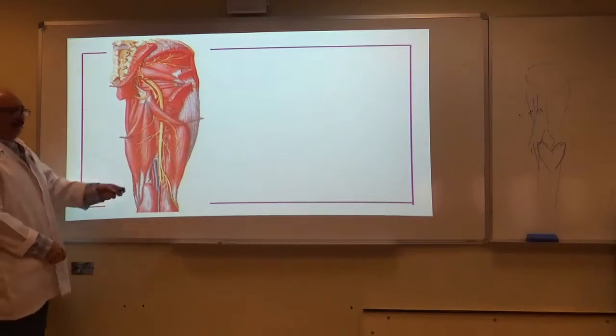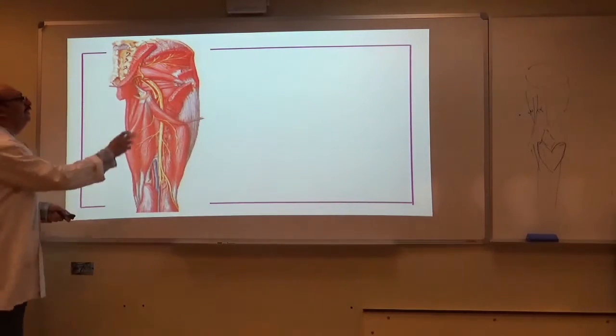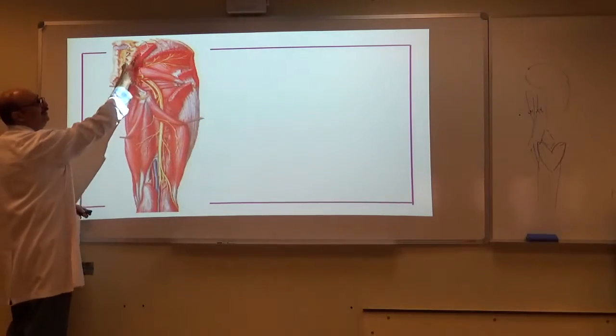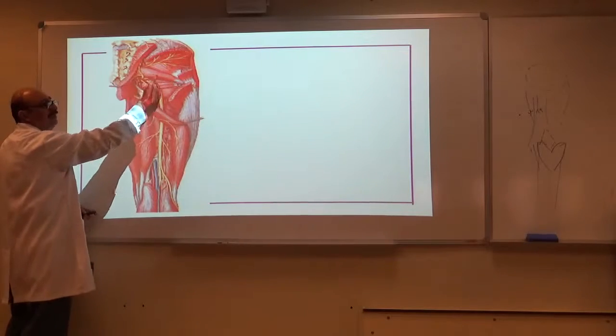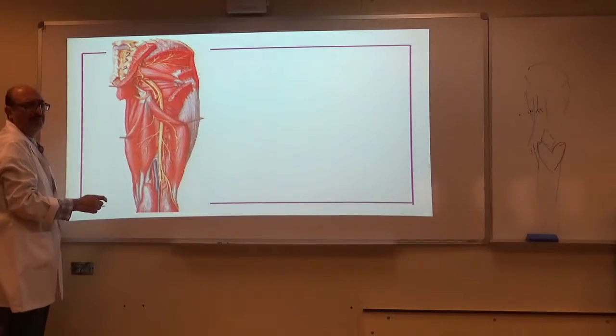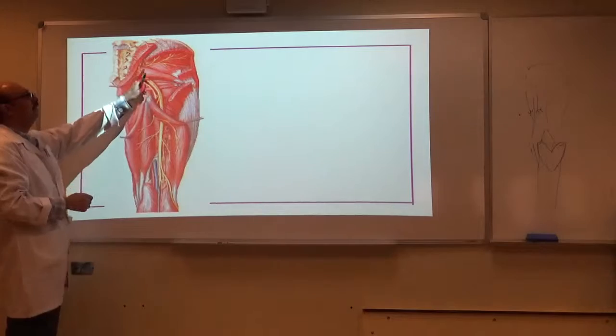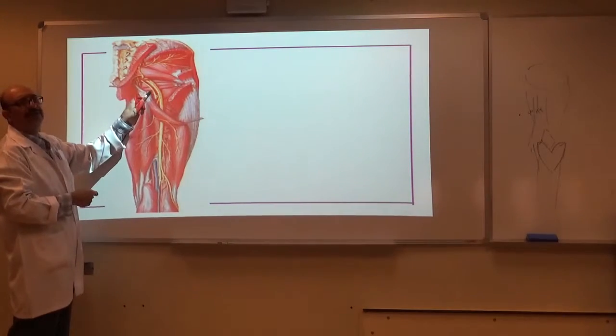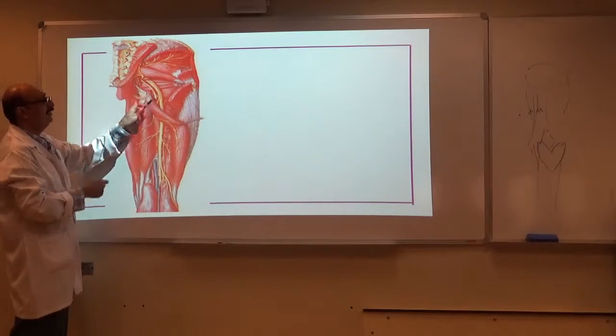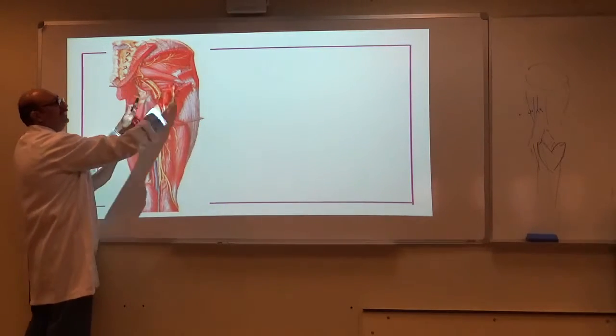This is the same back. Just to review, this is the review of the sciatic nerve. This is the gluteus maximus, partially cut to show you the inside. Here is the piriformis. You remember the key of this region is piriformis. Anything above the piriformis is the superior gluteal artery and nerve, and below it the inferior gluteal artery and nerve. Here is the sciatic nerve, and here is the ischial tuberosity and greater trochanter.